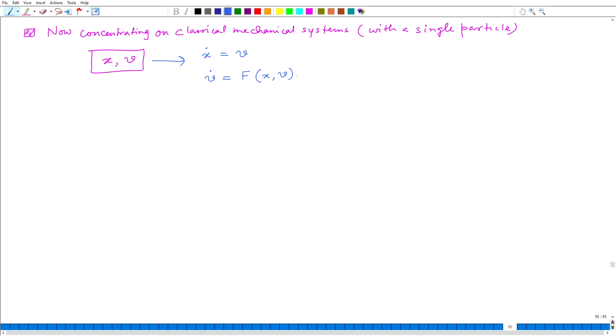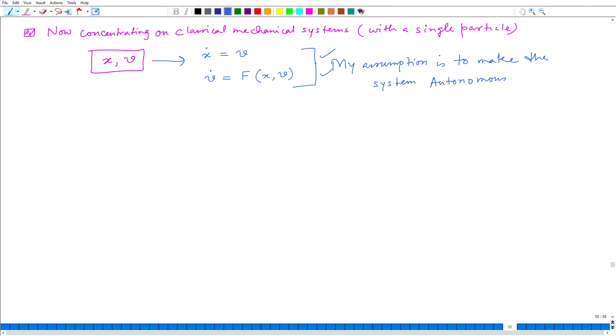Here my assumption is to make the system autonomous, so that no explicit time dependence is present, and we will only consider autonomous systems in this course.